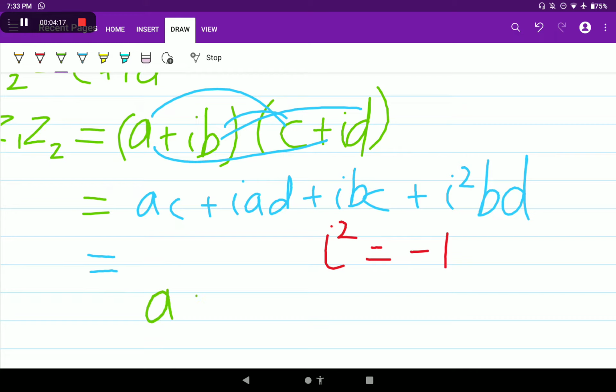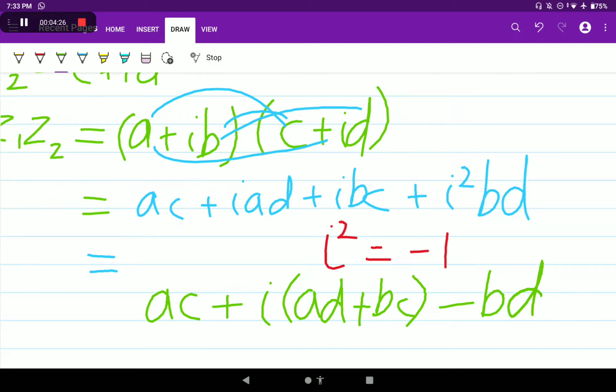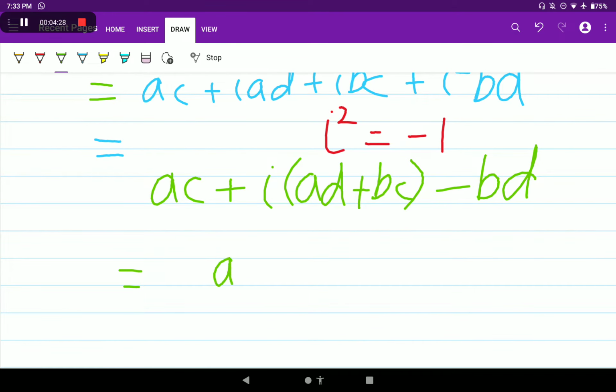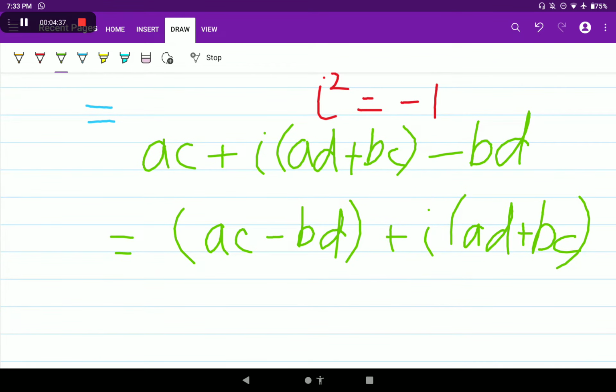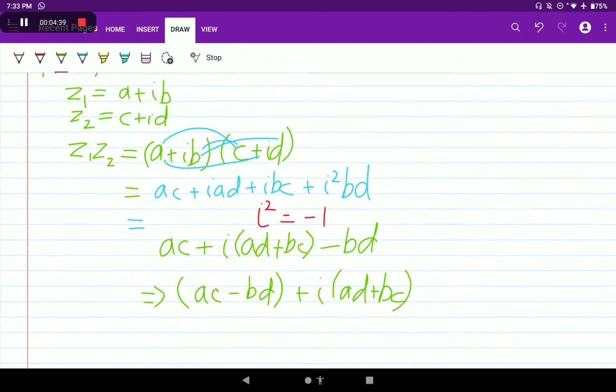So our expression would be ac plus, take iota common, ad plus bc, minus bd. So we can write as ac minus bd plus iota ad plus bc. Okay, hope this is clear to you.